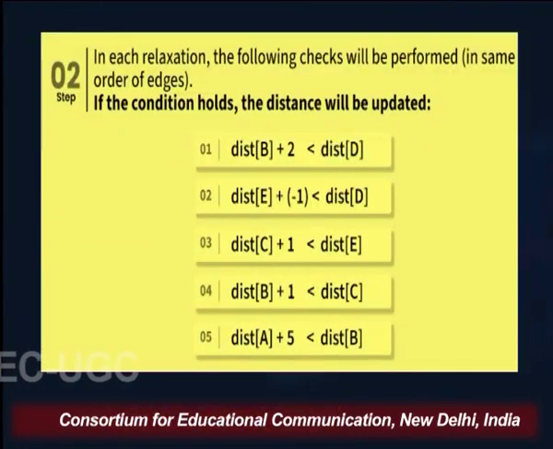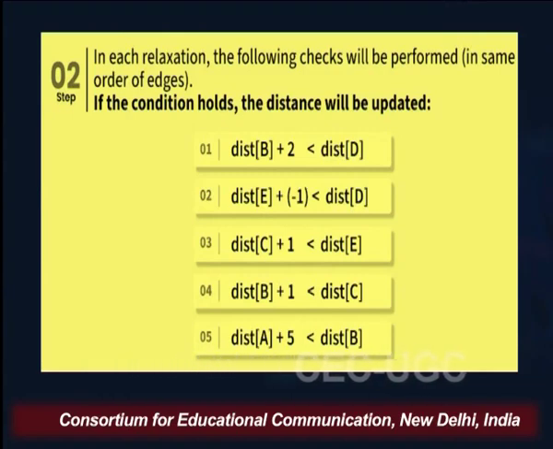Now, in the first relaxation, you can see what all checks are going to be performed. We are going to perform all the checks in the same order of the edges, and if the condition holds then the distance will be updated.